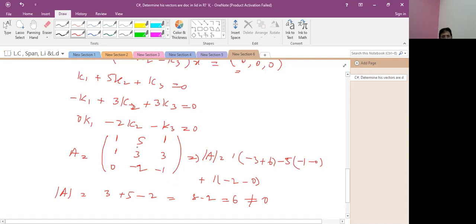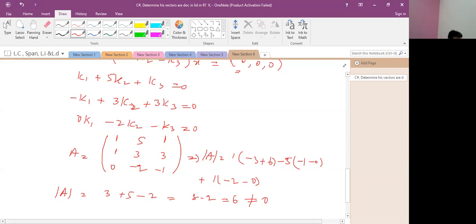Again we check. Student, I have a mistake. 1 minus 1 minus 3. So minus 3 plus 6 minus 5, minus 1 minus 0, right? Minus 2 minus 0. So it means minus 2. 8 minus 2 is 6. 6 is not equal to 0.